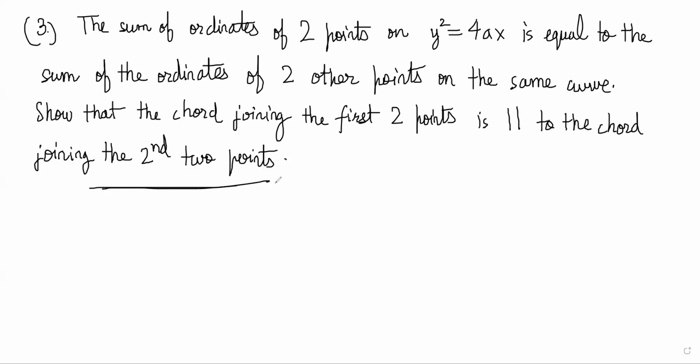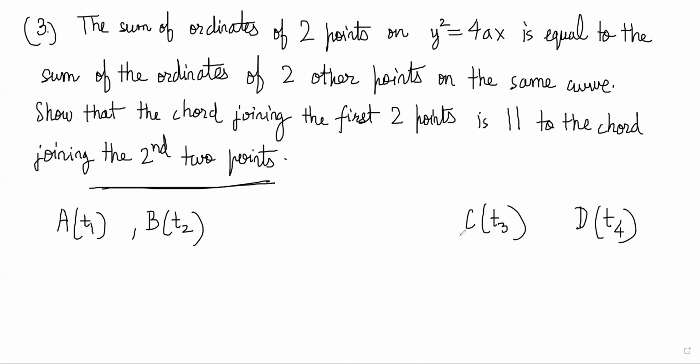This is a very easy question if you remember the theory that we have already discussed. So let the first 2 points be (at1², 2at1) and (at2², 2at2). And let the second 2 points be (at3², 2at3) and (at4², 2at4), right?